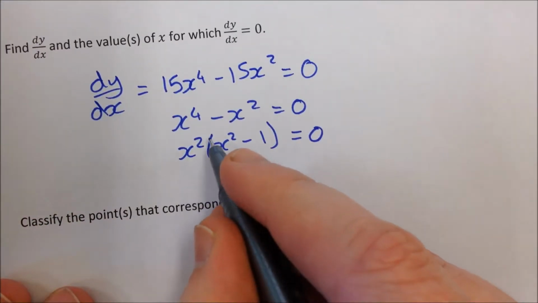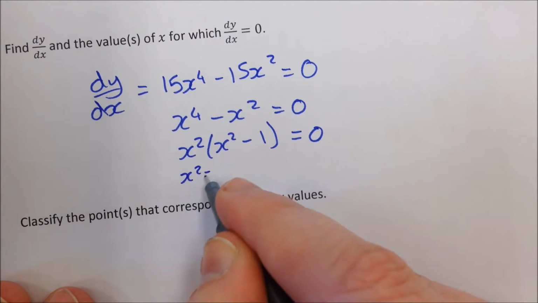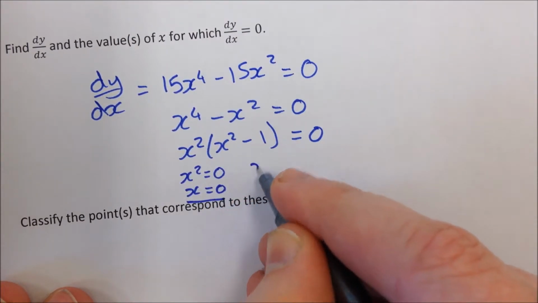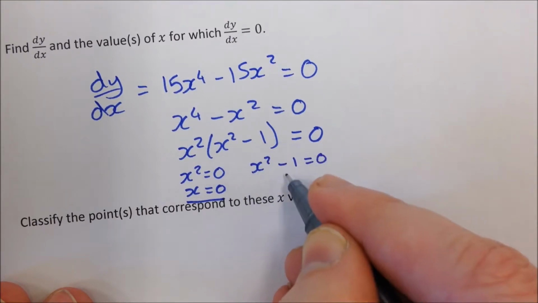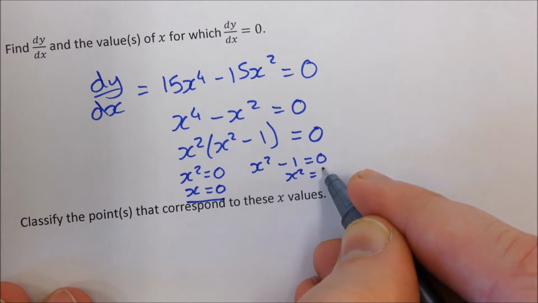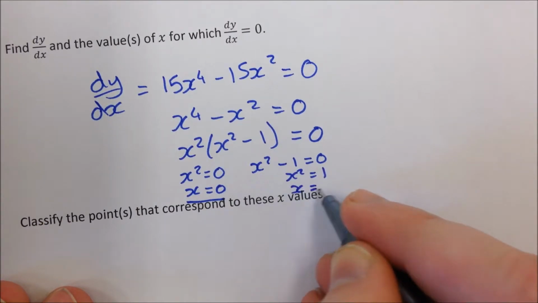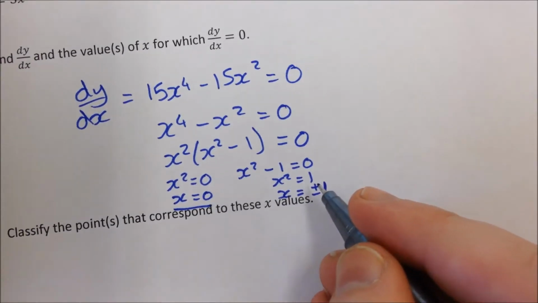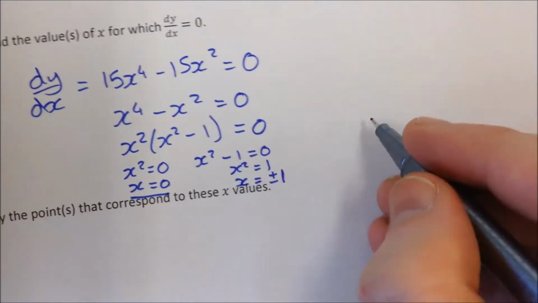Now, first of all, x squared could equal 0, which would mean that x would equal 0, or this bracket could equal 0. x squared take away 1 equals 0, that means that x squared equals 1. Now, x doesn't just equal 1, remember that square roots have two answers, plus or minus, so x could be plus or minus 1.